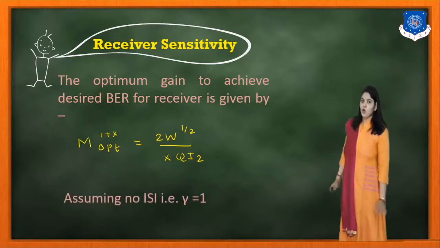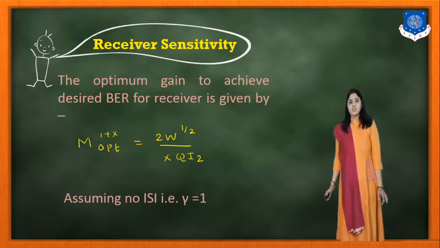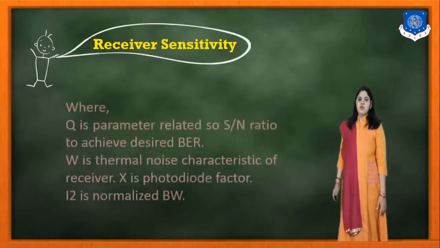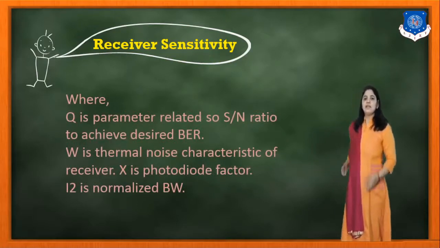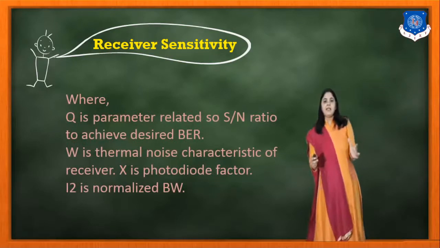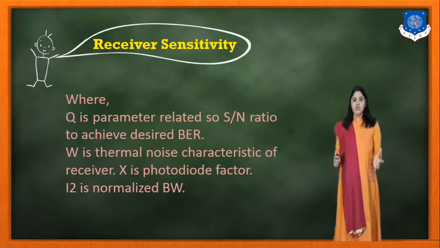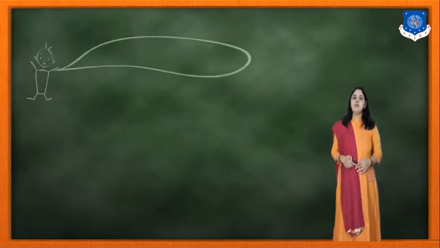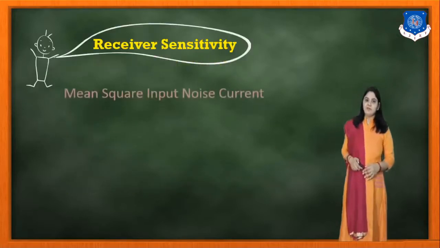Now assuming no simple interference, the gamma value is always equal to 1. Okay, where q is the parameter related to the S by N ratio to achieve the desired BER, W is the thermal noise characteristics of the receiver, X is the photodiode factor, and I2 is the normalized bandwidth.